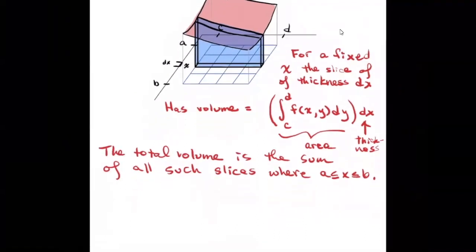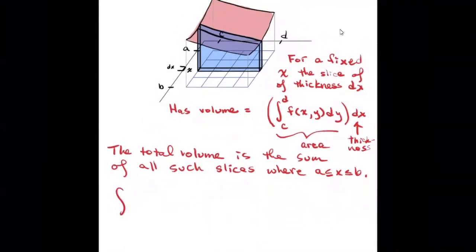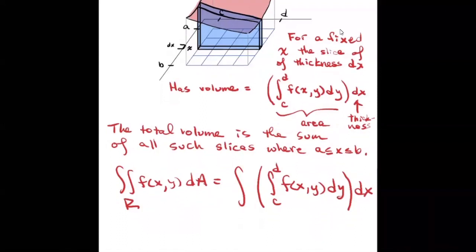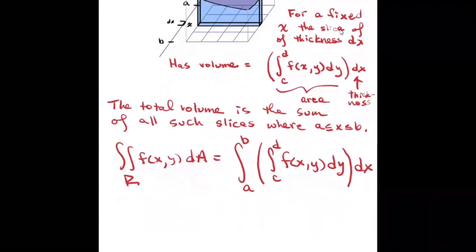Which is another way of saying that the double integral over R of f of x, y, dA could be written as a sum of integrals like what you have above, c to d of f of x y dy. Then to get thickness, we multiply by dx, and then we let x range from a to b.